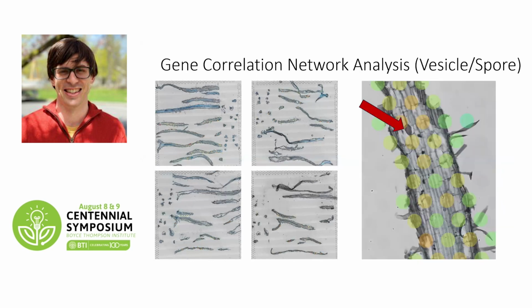Arbuscules aren't the only fungal structures occurring inside colonized plant roots. We also have fungal structures like vesicles and spores that the fungi make for either lipid storage or propagation. There's less of them, so it's a little more difficult to draw statistical power from it, but we can find modules that are also upregulated in those areas.